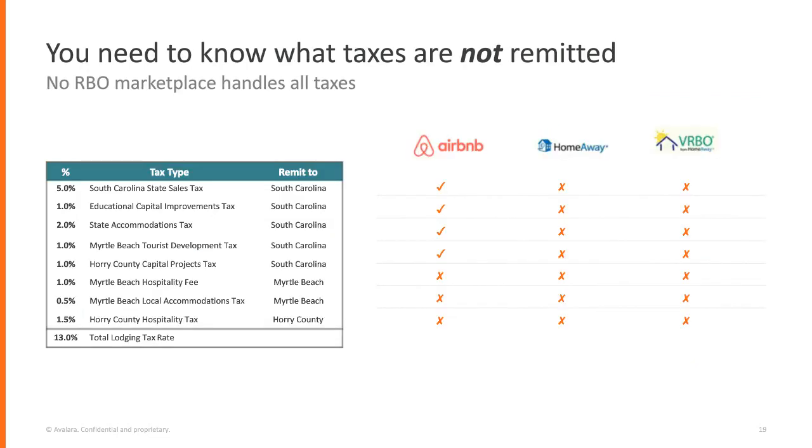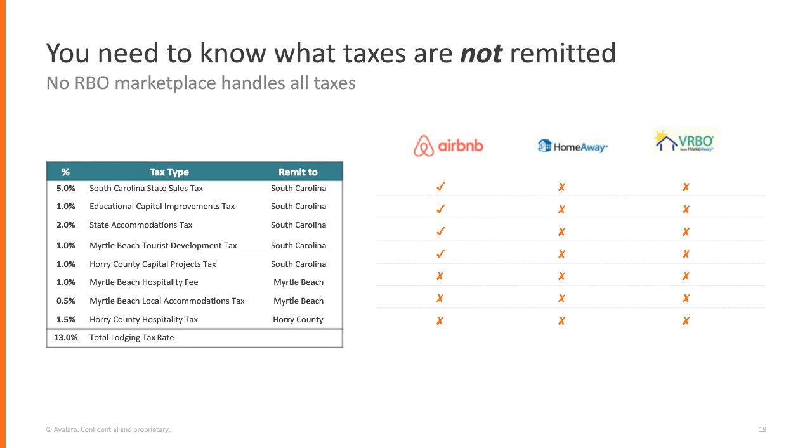Tax remittance programs on VRBO and Airbnb have become extremely common and increasingly more widespread. These tax remittance programs are covering more areas than they ever have before, and now owners are falling into one of three categories.